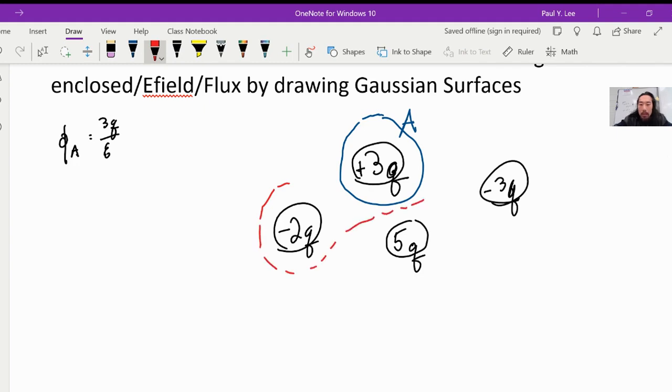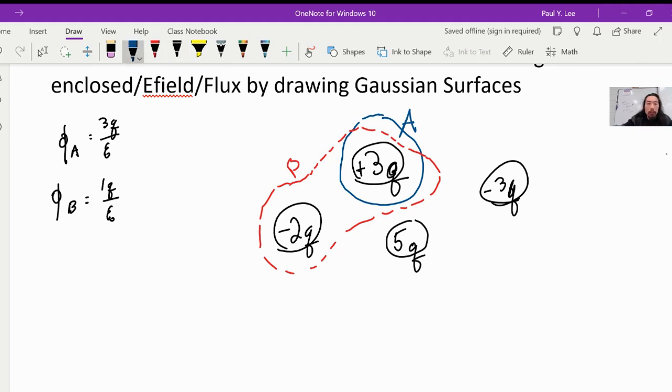Here we have a Gaussian surface. Notice it's not a sphere, but remember these are just ideas. So we have a Gaussian surface of B. If I take a look at B, we have a minus 2Q and a plus 3Q. So the E field that those two will produce, enclosed by this Gaussian surface, will be the strength of as if it were just 1Q.